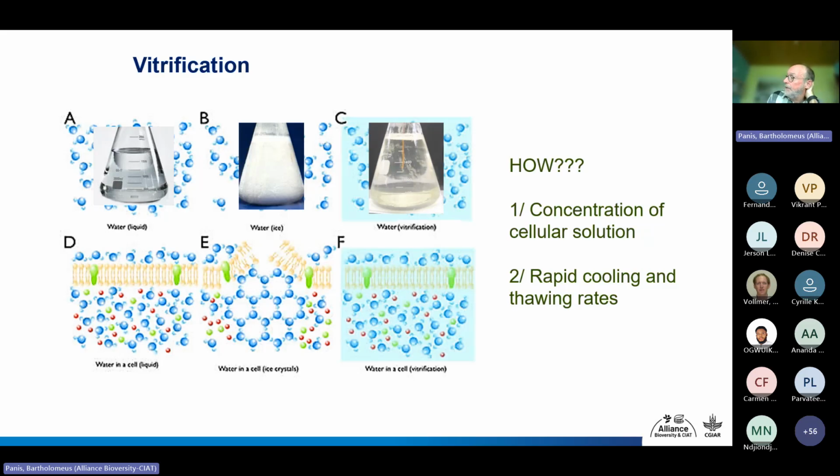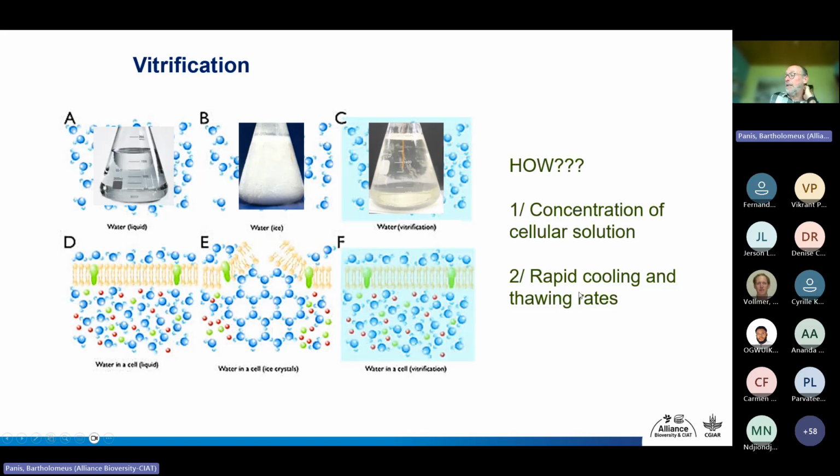The first one is that you concentrate your cellular solution. In fact, what you do is you make sure that there are a lot of molecules in between the water molecules. So the water molecules have more difficulties to organize themselves into a crystal. So that is one thing.